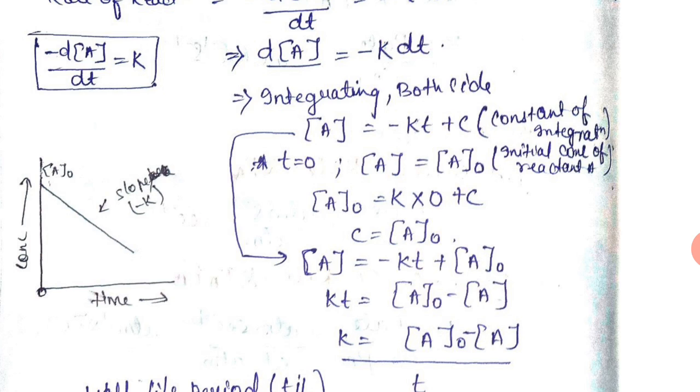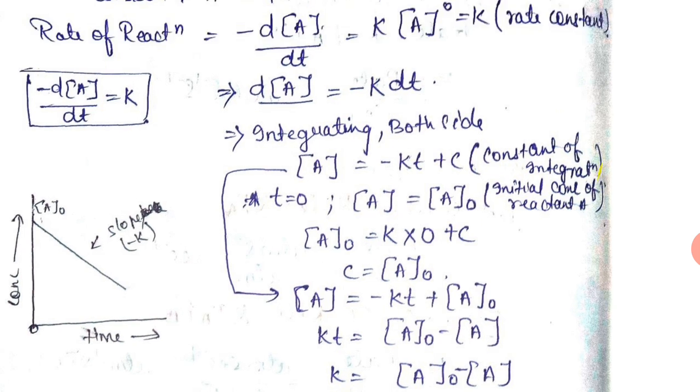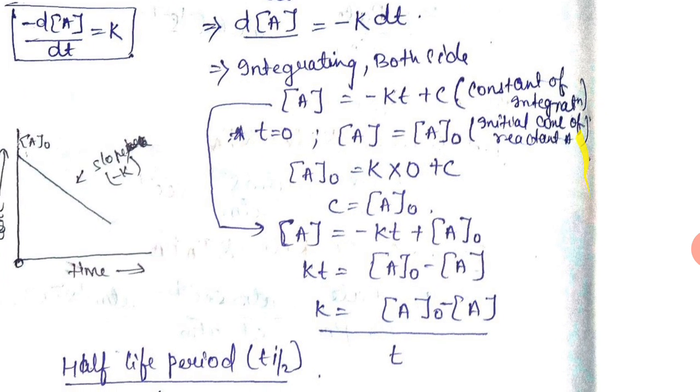So kt is equal to [A]0 minus [A]. What do we mean by [A]0? That is the initial concentration of reactant A. So k, the rate constant, is equal to the initial concentration of the reactant A minus the molar concentration of A, divided by time.